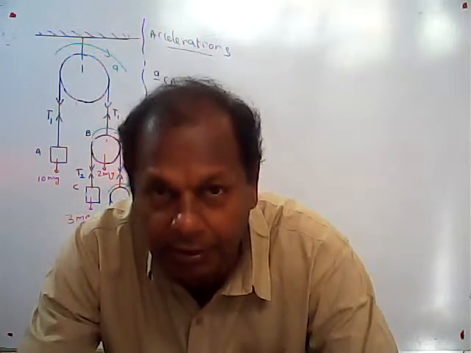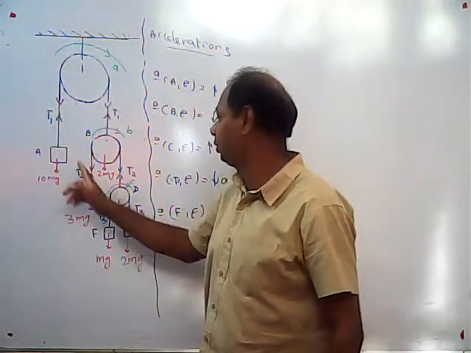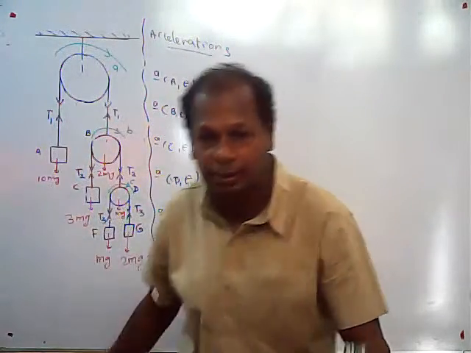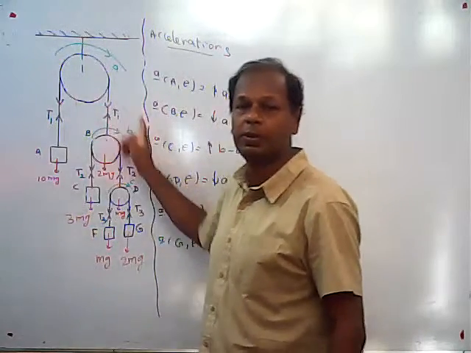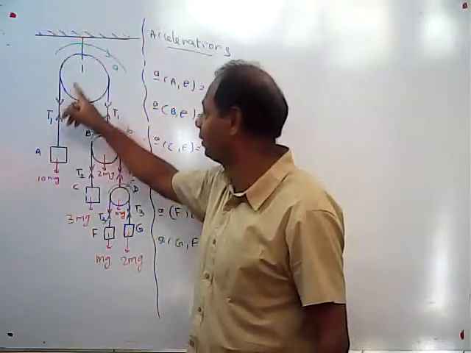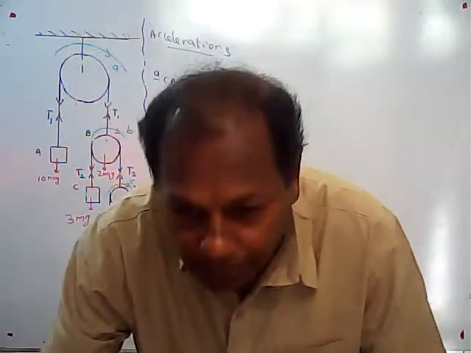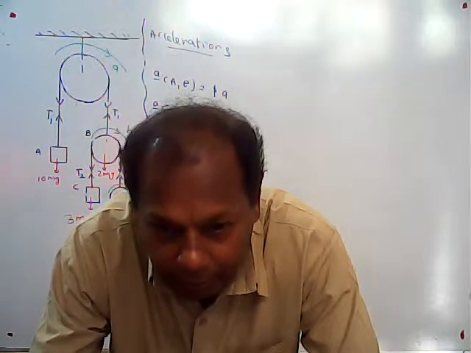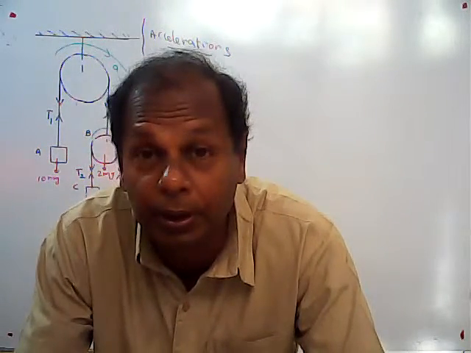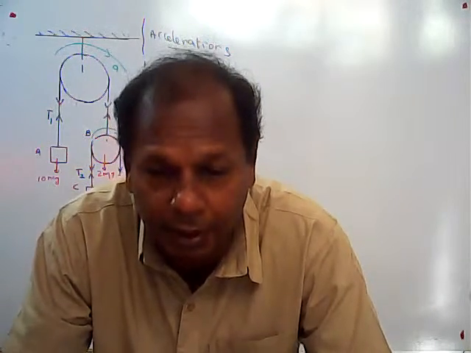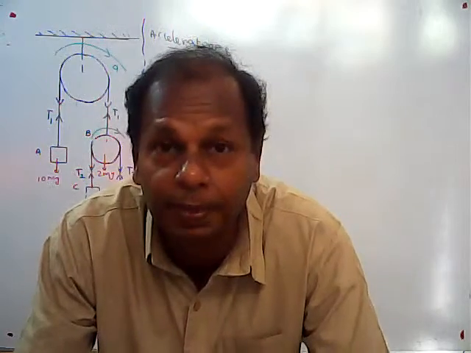Yeah, 3 accelerations and 3 tensions. The 3 tensions are T1, T2, and T3, and the 3 accelerations are A, B, and C. So there are 6 unknowns. Yes, your answers are correct.